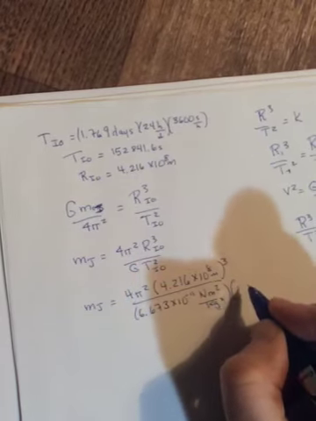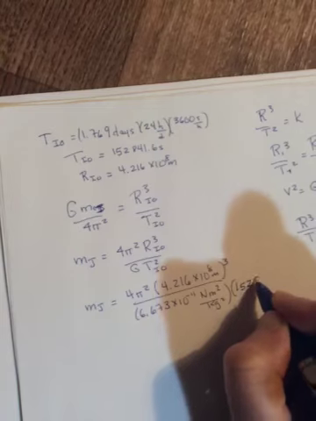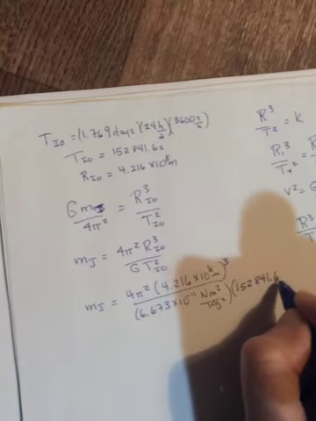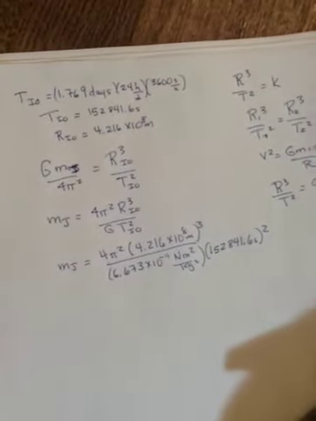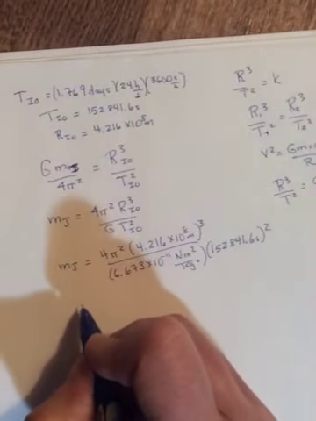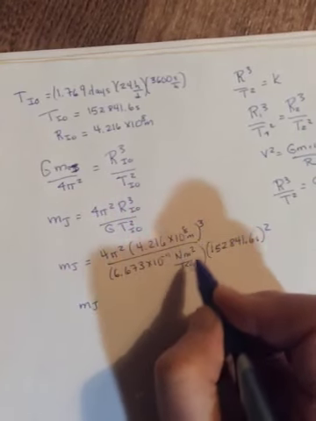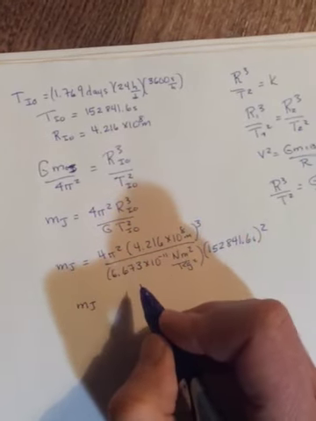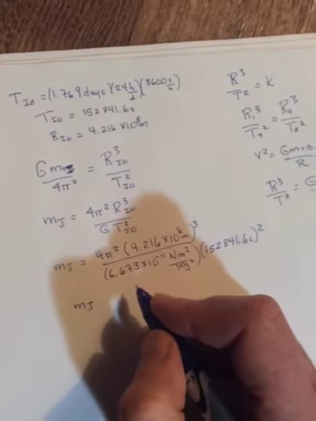And then the period we just found up there to be 152,841.6 seconds. And you have to square it. The hardest part of this is getting it in your calculator correctly. So you have to use that EXP. R is cubed, T is squared, pi is squared. Try not to screw it up too much.